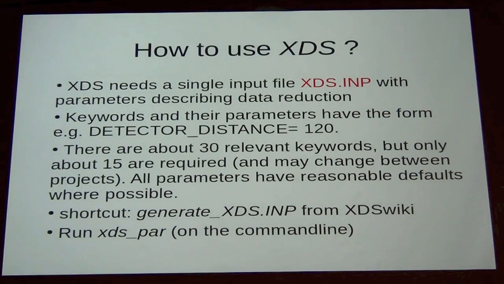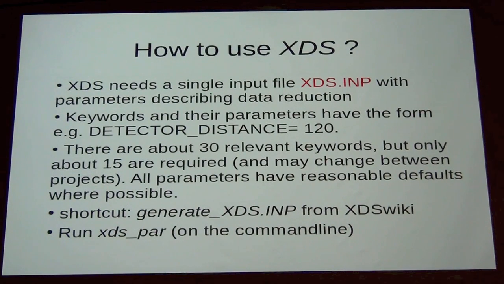So as I said, to use XDS you need a single file called XDS.INP, which describes everything, and it has keywords in it. Parameters like detector distance would count as a keyword, and there is a large number of such keywords.